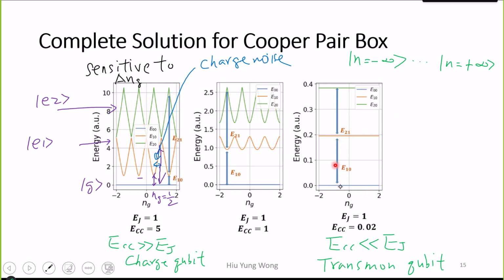What do you see for E10 when I have charge noise? It's constant, right? So this is insensitive to charge noise, even better than at the sweet spot.